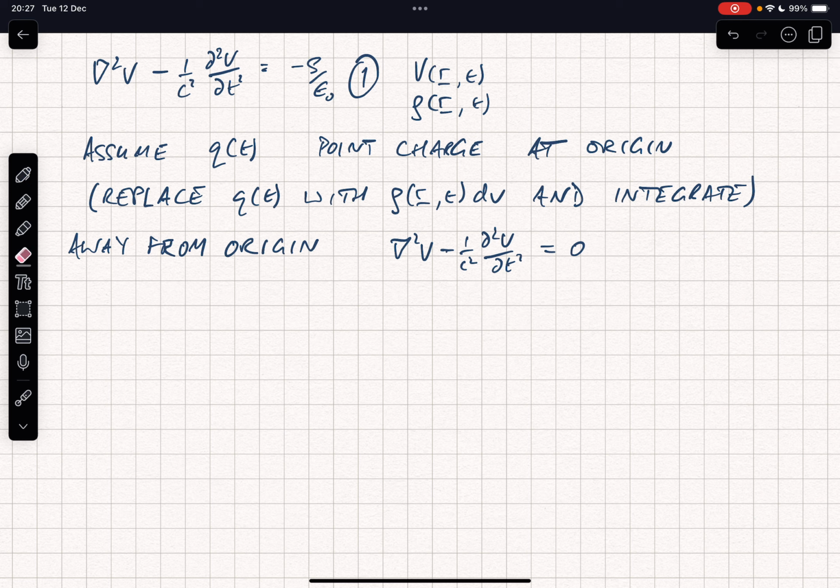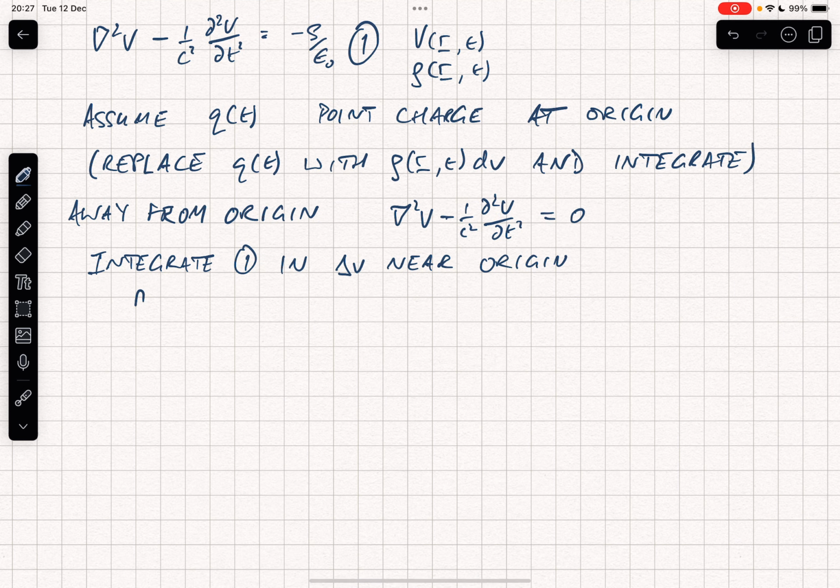If we integrate equation 1 in a little volume delta V near the origin, then we're going to find the following.